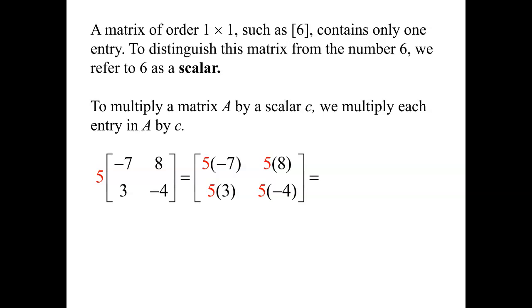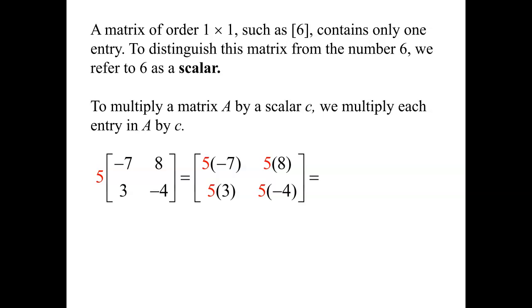Alright? Scalar. So any matrix of order 1 by 1 that contains only one entry. Okay? So we can have a 1 by 1 matrix. To distinguish it from just a number, we refer to that number as a scalar. Scalar is multiplication.